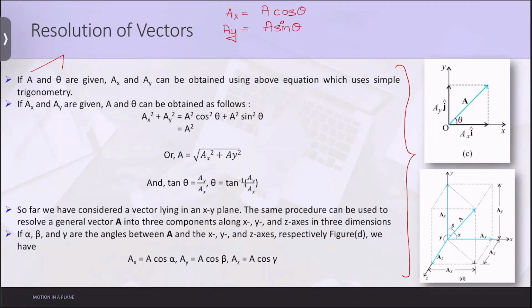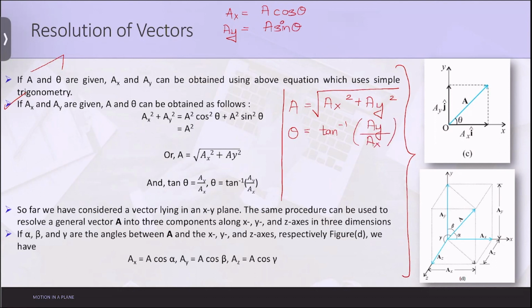Now if the thing is reversed, and we have the values of ax and ay, then a is equal to the square root of ax square plus ay square. Similarly, theta is equal to tan inverse of ay by ax.